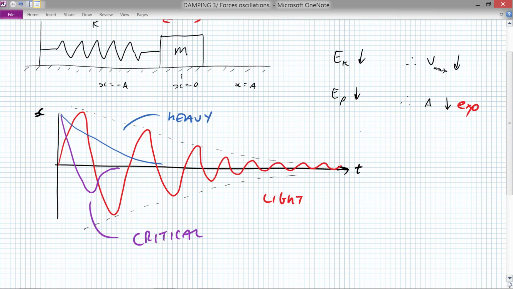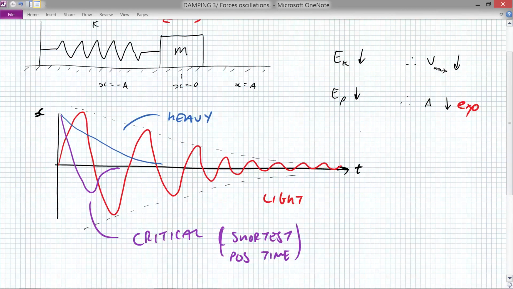So critical damping is kind of like suspension on a car or something. When you hit a pothole, you'll feel that the car will sort of overdamp and then go straight back to equilibrium in the shortest time possible. So this occurs in the shortest possible time.